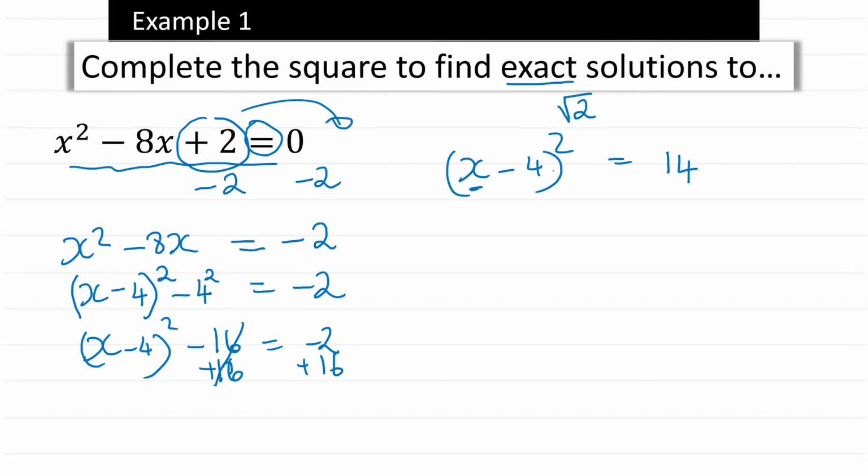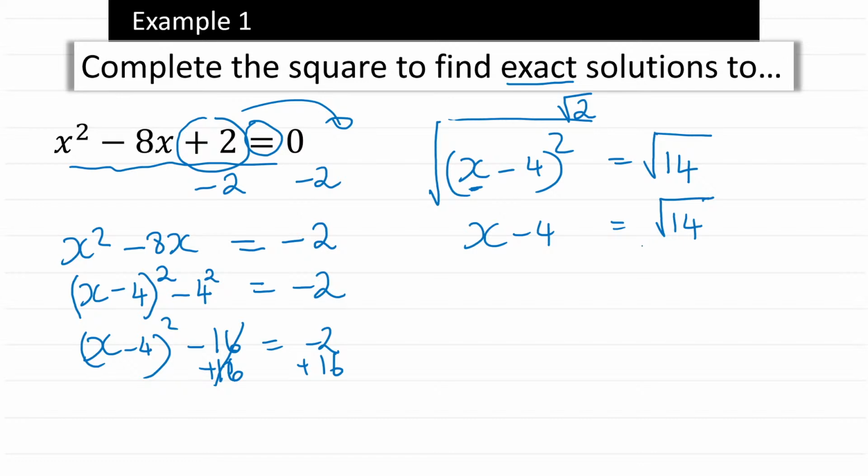What do we need to do? We need to remove the square. Sorry guys, you need to square root both sides. So we need to square root here and we need to square root here. So now we're going to have x minus 4 equals the square root of 14.